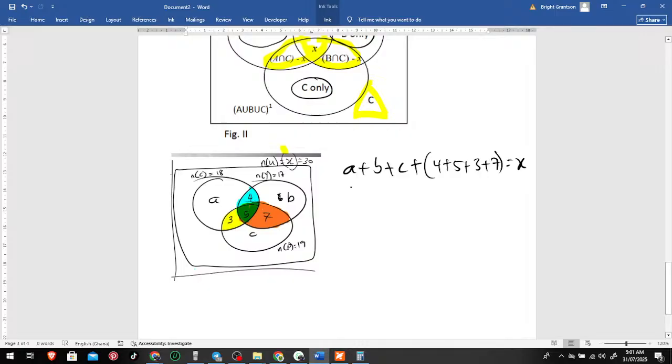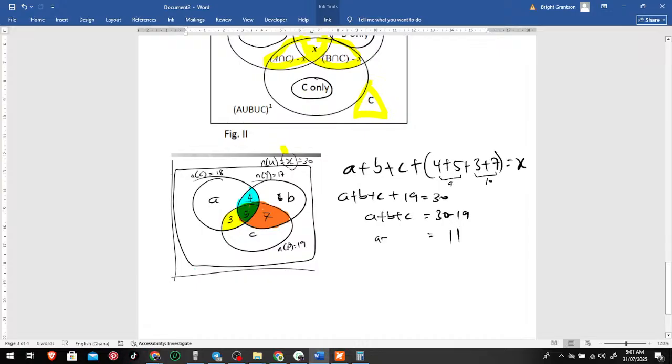So now we are supposed to make A plus B plus C the subject. This gives you this, and this gives you 9. This gives you 10. This gives you 9. So 19. So 19 equals 30. So A plus B plus C equals 30 minus 19. 10 minus 9 is 1. Remember 2. 2 minus 1 is 1.